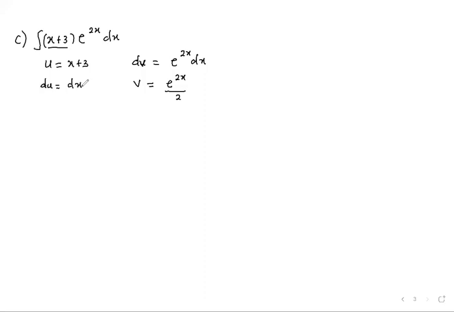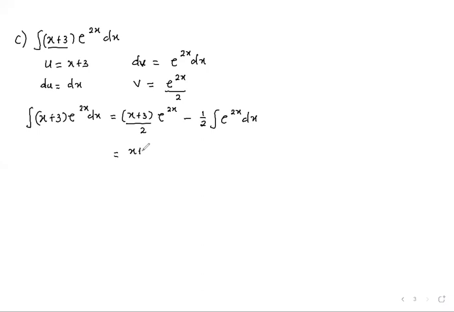Then we put things together. So we're saying the integral of x plus 3 e to 2x dx is equal to x plus 3 times e to 2x over 2, minus half the integral of e to 2x dx.